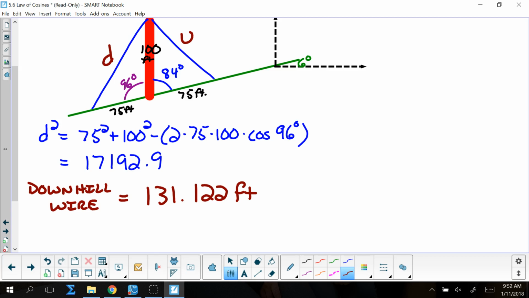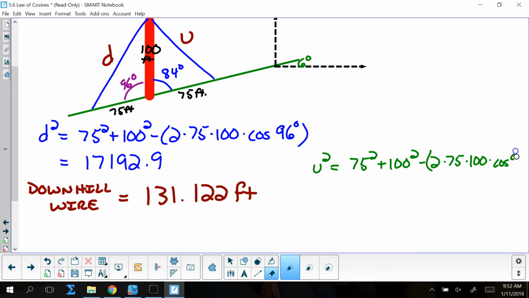So my uphill wire is going to equal 75 squared plus 100 squared minus 2 times 75 times 100 times the cosine of, oops, that should have been 84, not 96.